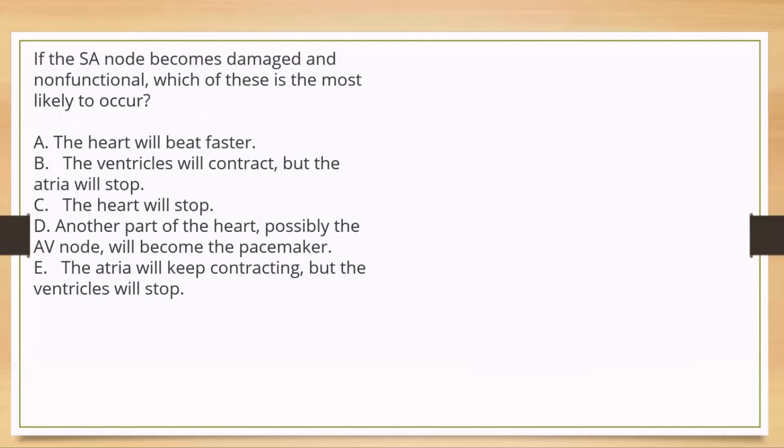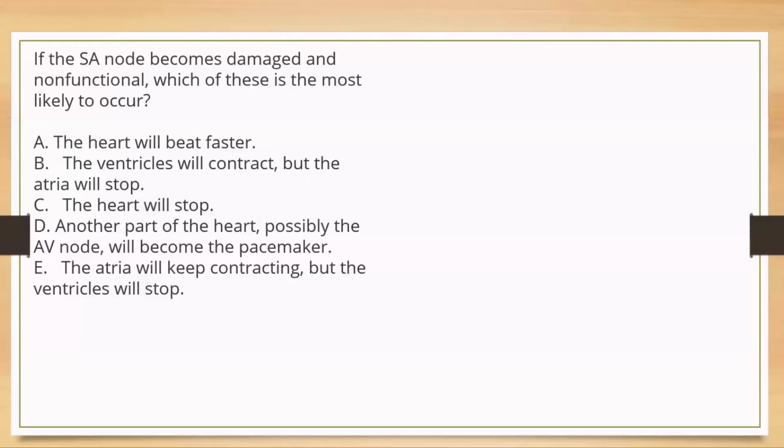This question will now put our minds on a concept called automaticity. Automaticity is a property of cardiac cells to generate spontaneous action potentials, or initiate an electrical impulse, in the absence of external electrical stimulation.